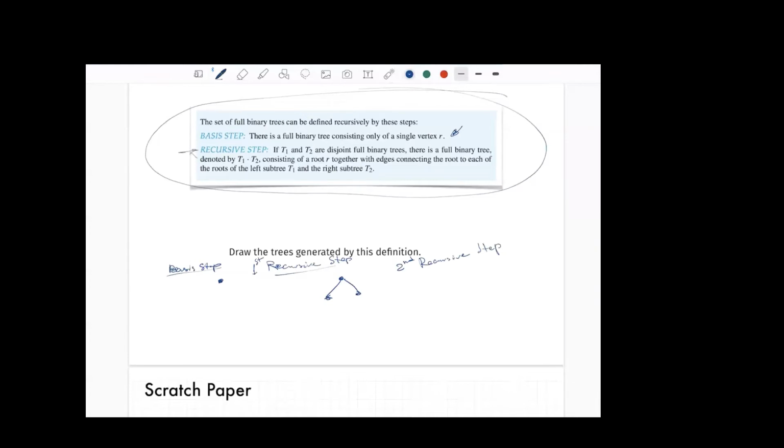Well, I already have a couple of trees that I've already generated, okay, by the basis step and one application of the recursive step. But this gives me a rule for generating new elements. So it says, take a new element, call this root now, and then take any of the trees that have been generated before, like this one.